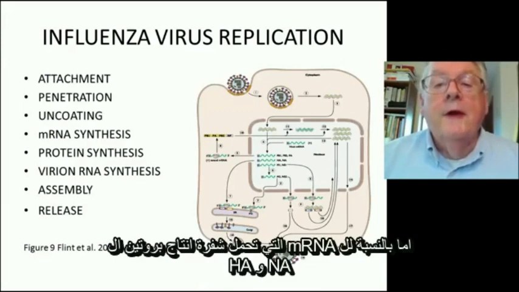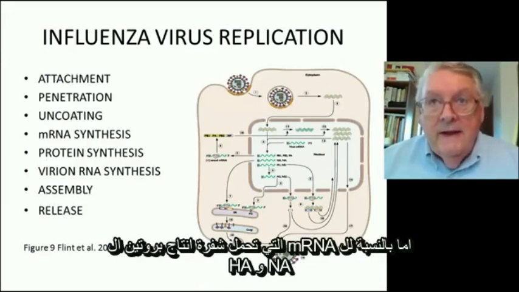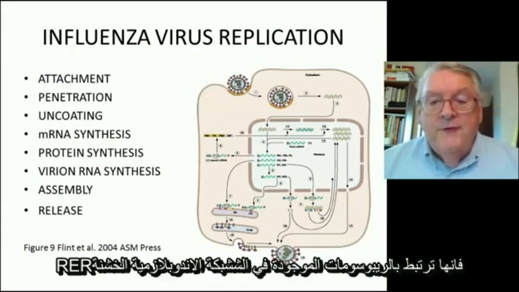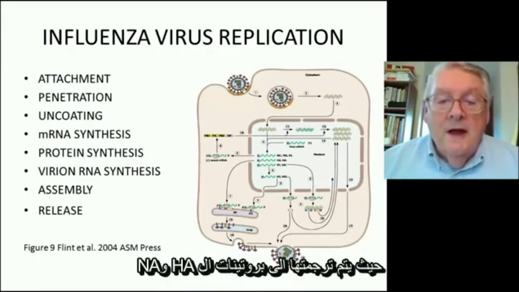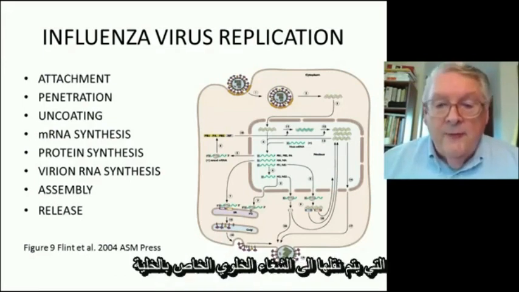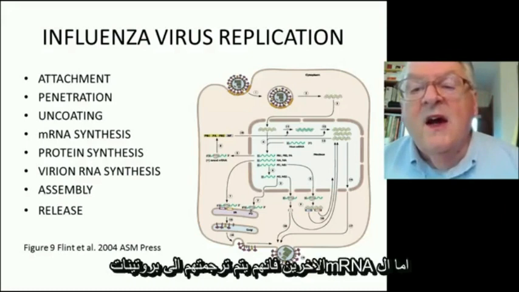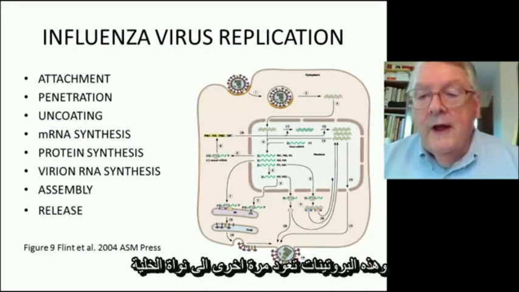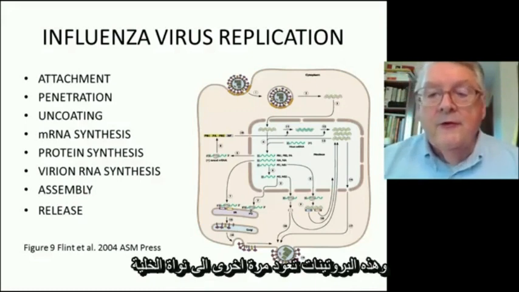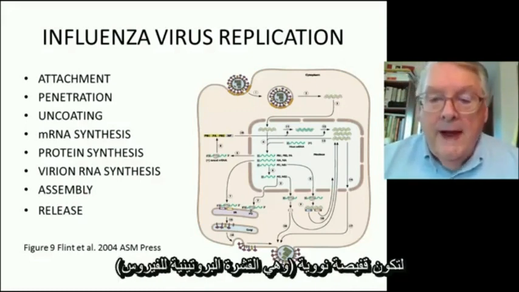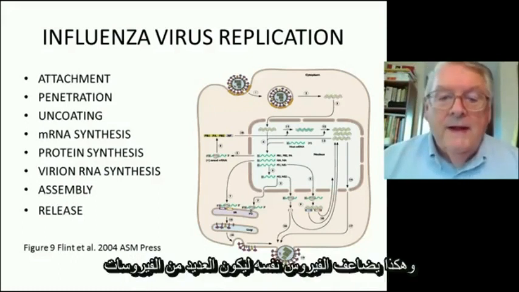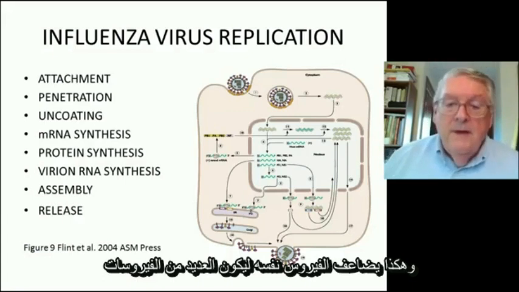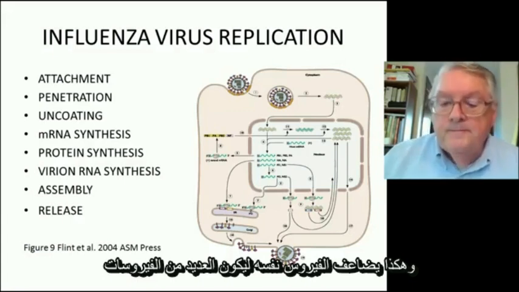The messenger RNAs for the HA and the neuraminidase associate with ribosomes in the rough endoplasmic reticulum, where they become glycosylated and exported to the plasma membrane. The other messenger RNAs are made into proteins, and those proteins go back into the nucleus to form new nucleocapsids. And in this way, the virus replicates itself, and many viruses are made.